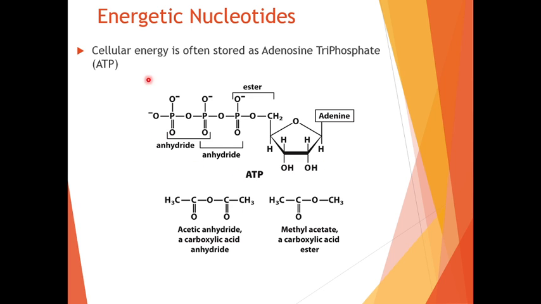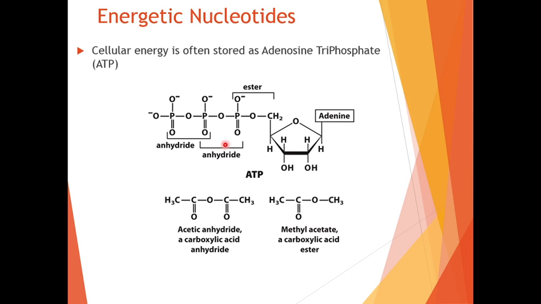Now, if you look at the structure of this nucleotide triphosphate, it has an anhydride bond and an ester bond. The typical structure of acetic anhydride is this, whereas an ester is this. Anhydrides are high energy bonds, and hydrolysis of an anhydride bond yields more energy than hydrolysis of an ester. For example, cleavage of a carboxylic acid anhydride gives more energy than cleavage of an ester.